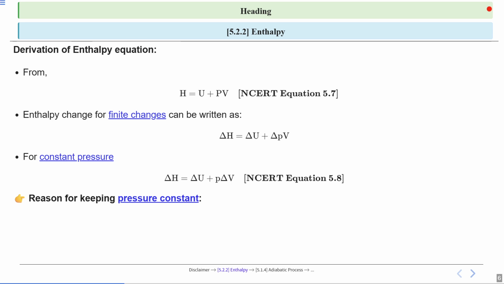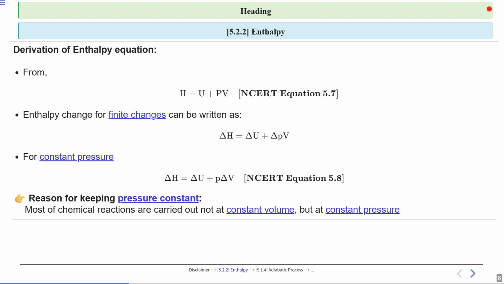Why are we trying to define an equation that is related to constant pressure? The reason is that most of the chemical reactions that you do in the laboratory are done in the atmospheric pressure. So that is done always in the atmospheric pressure, which is present around the laboratory. Therefore, the pressure is not changed, or it is constant.